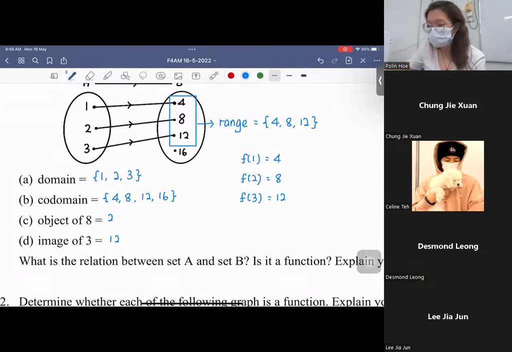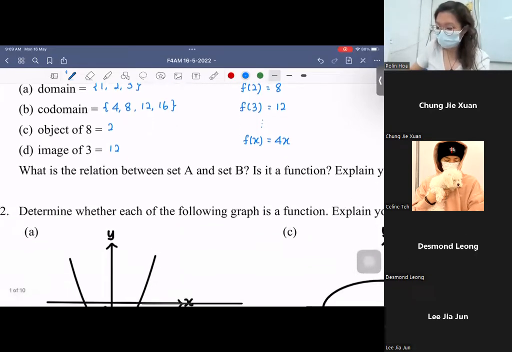Correct? So can you tell me what's the relationship? This is f(x). f(x) shall be equal to 4x. Yes, correct. f(x) shall be equal to 4x.